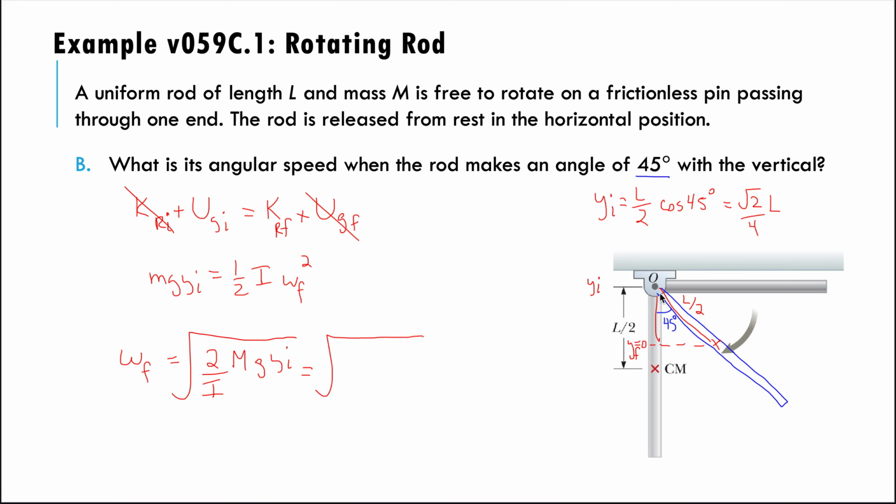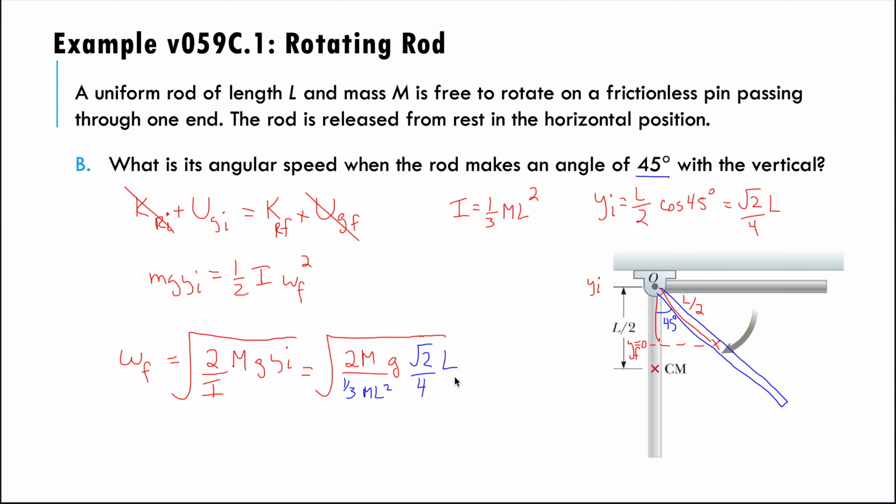We know that it's still rotating about its end, so the moment of inertia is still 1/3 ML squared, just like in the previous part. So we're going to have 2M over 1/3 ML squared times g, and then our y initial is going to be square root of 2 over 4 L.